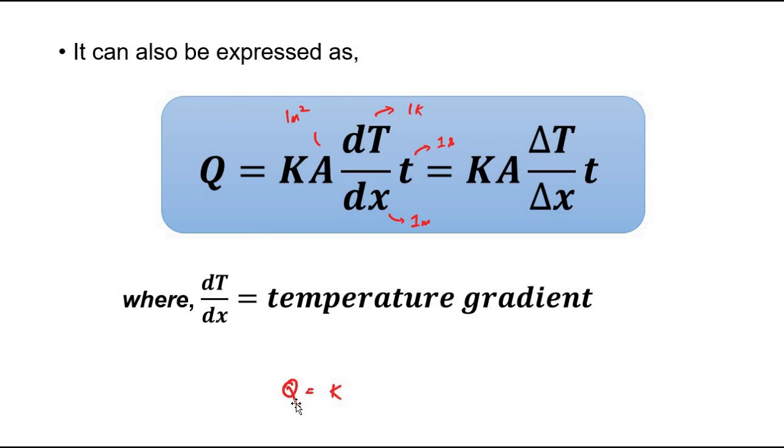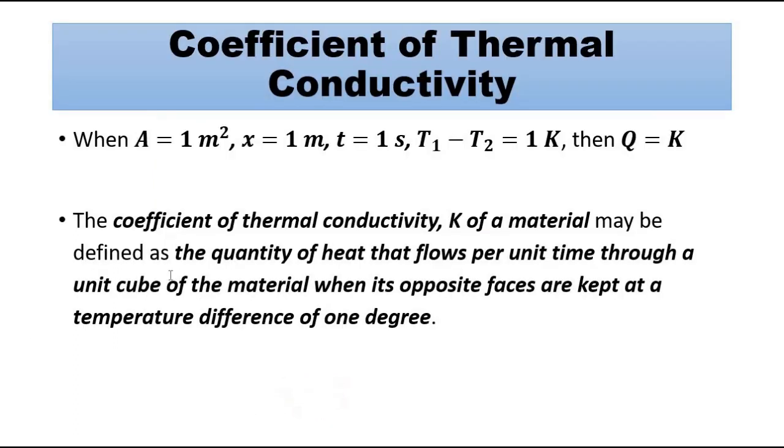So that gives us an important definition of the coefficient of thermal conductivity. It can be defined as the quantity of heat that flows per unit time, that is t equal to 1 second, through a unit cube.